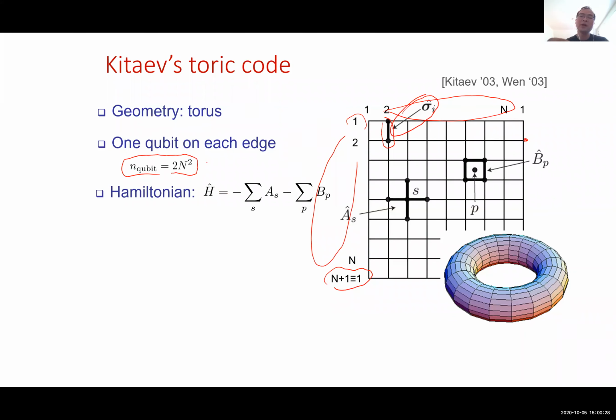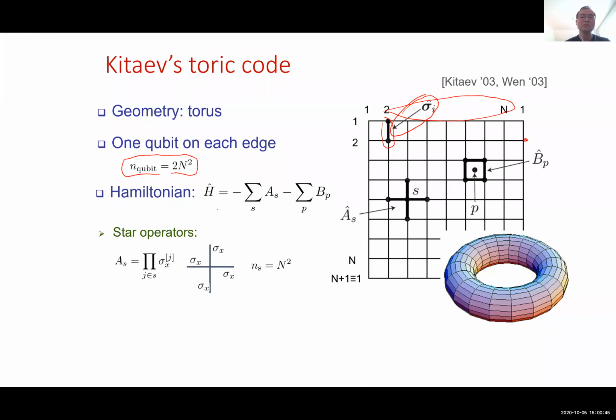I've been saying the ground space, so in order to define the ground space, we need to define the Hamiltonian. Basically, this is a large matrix, so that the ground state will be the one that has the lowest eigenvalue. The Hamiltonian is defined in terms of two types of operator.